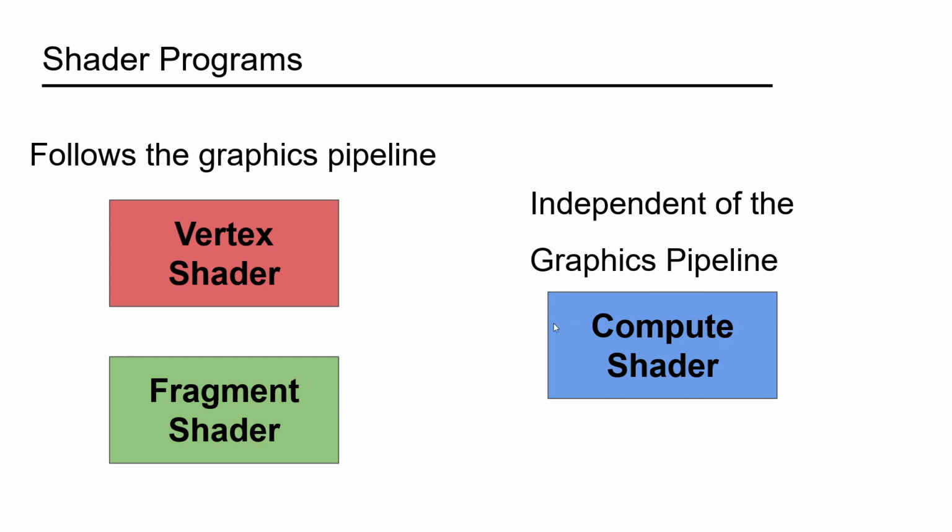It relies on the same unified shader processor cores that the vertex and fragment shaders use, but it's not restricted by the different stages of the rendering pipeline. The code of a compute shader is very similar to that of a vertex or fragment shader. The main difference is the inputs and outputs to and from the shader.